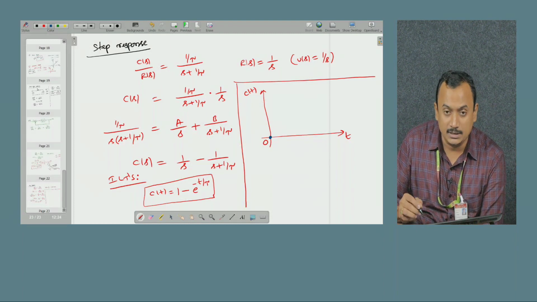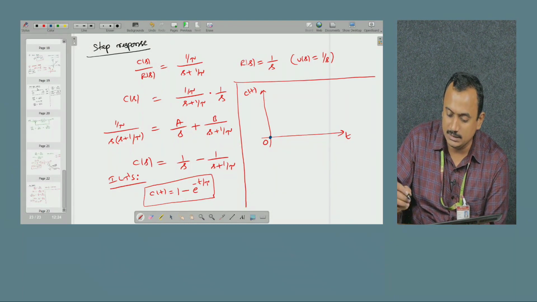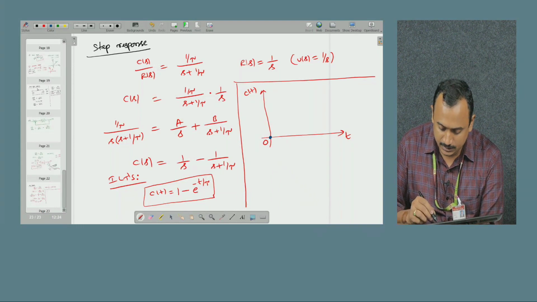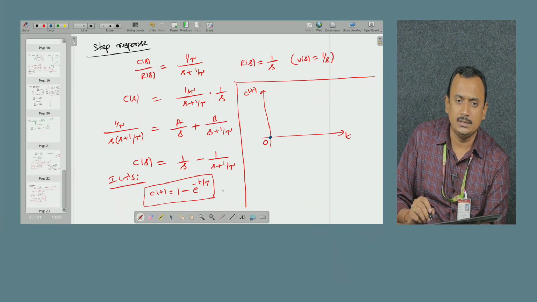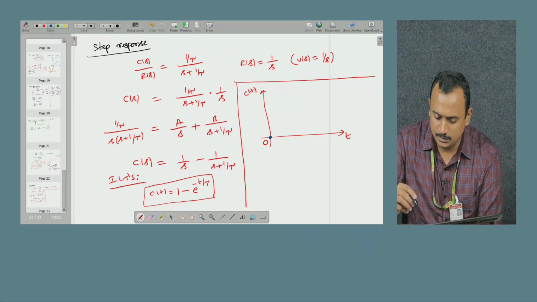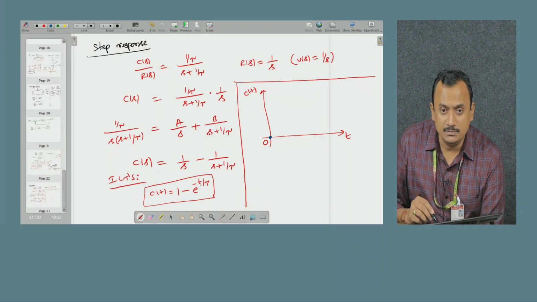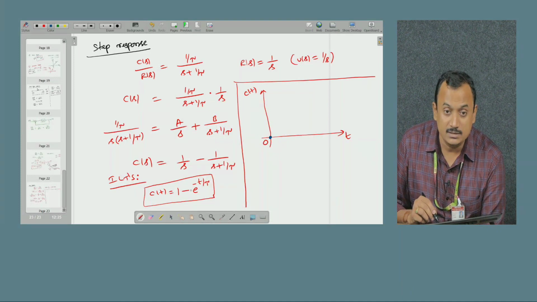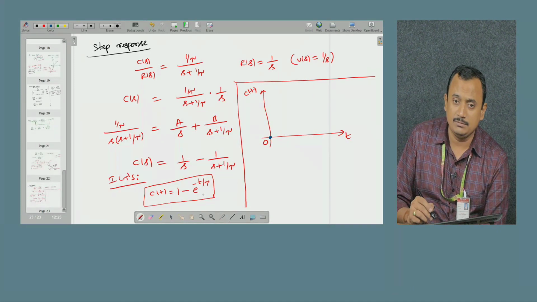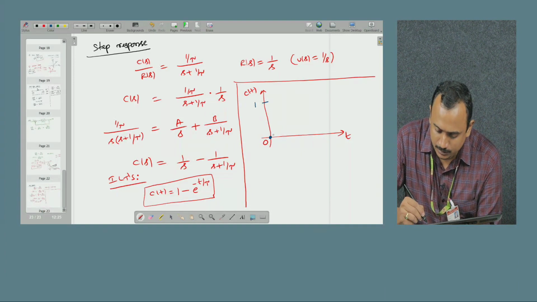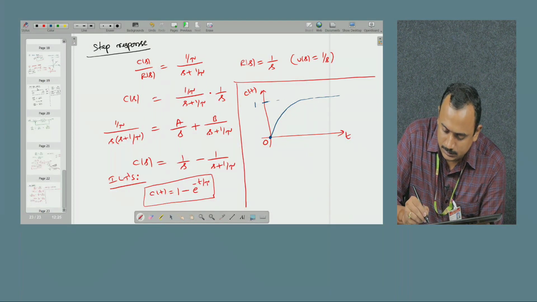Now as time increases, let us say at time t is equal to infinity, e power minus infinity is 0. When e power minus infinity is 0, 1 minus 0 becomes 1, so C of t is 1, so the maximum value is 1. Now the plot will be like this.